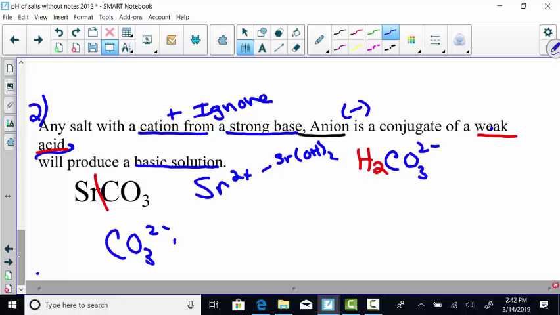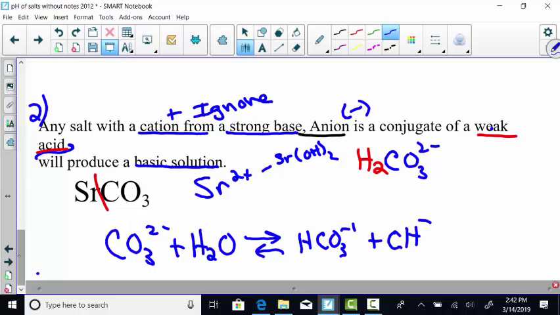So the only place that this can obtain a hydrogen is from water. And so what you are going to get is HCO3 1 minus plus OH minus. So we have a basic solution.